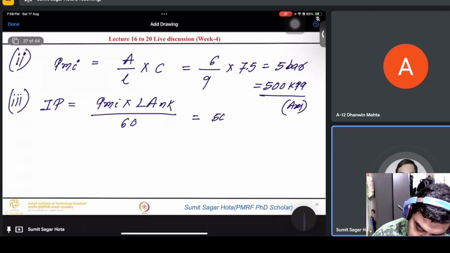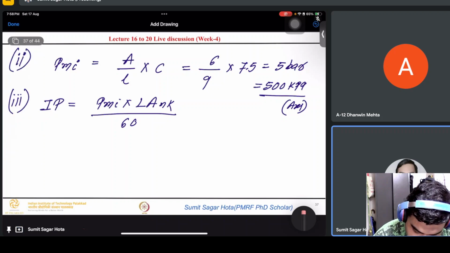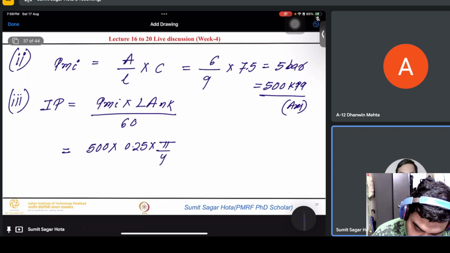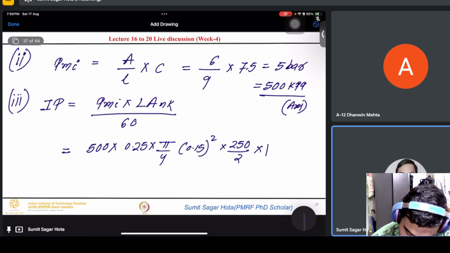So 500 kilopascal into 0.25 into A, which is pi by 4 d square, 0.15 square, N is 250 by 2, the number of cylinders is 1, divided by 60.